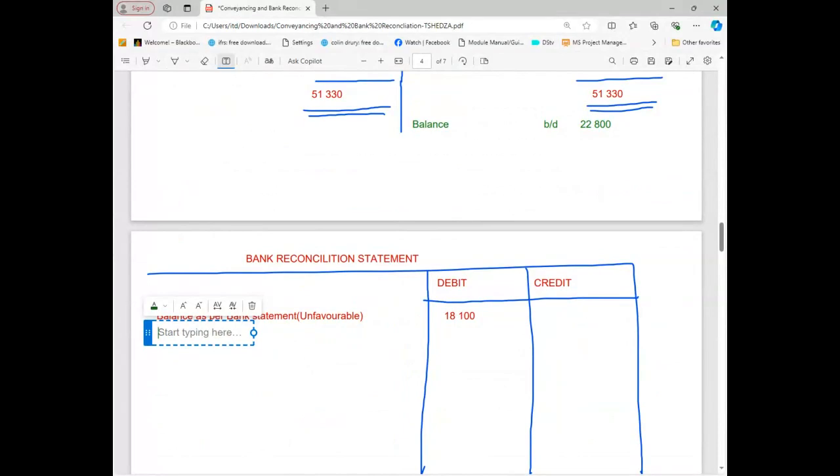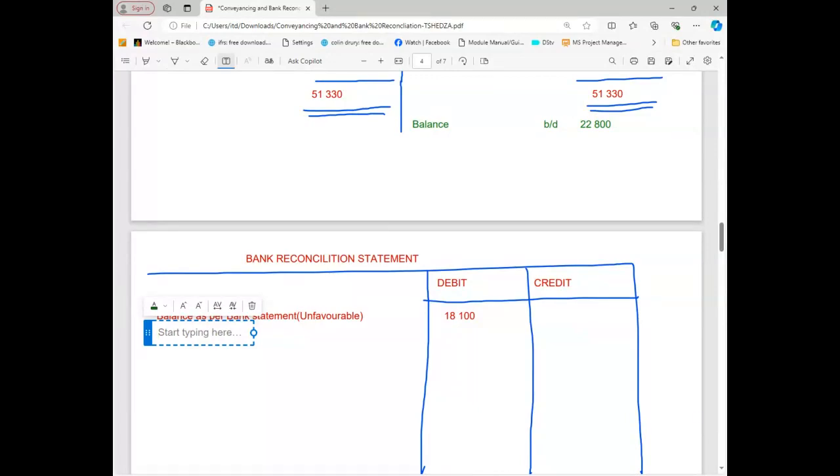I think unfavorable. How can I deposit money into your bank statement and then you say you have got unfavorable amount? When you deposit money, it's favorable. Remember, I'm talking about deposited into your account. Then it's favorable to you. It's an inflow, it's an income.